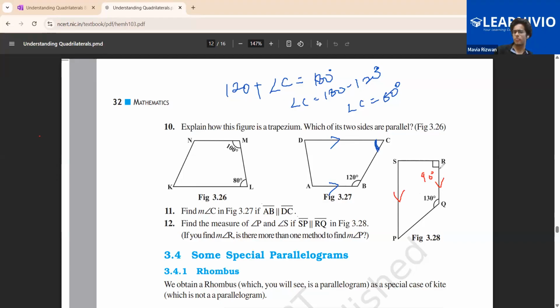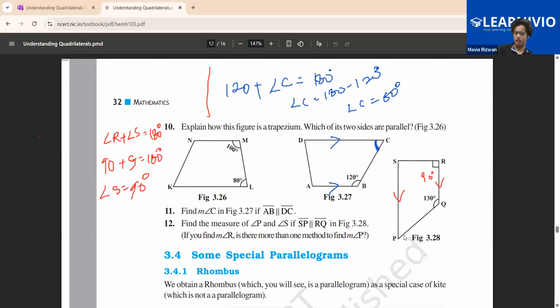Now see angle R and angle S. Angle R plus angle S is equal to 180 because they are co-interior angles between parallel sides. Angle R is 90, so angle S is 180 minus 90, that is 90 degrees.